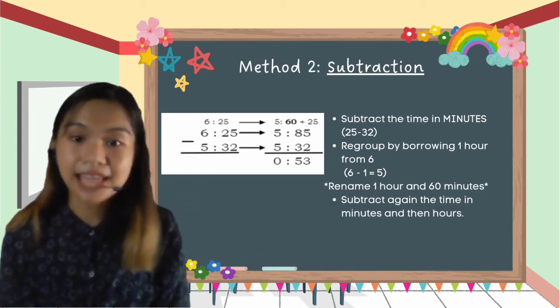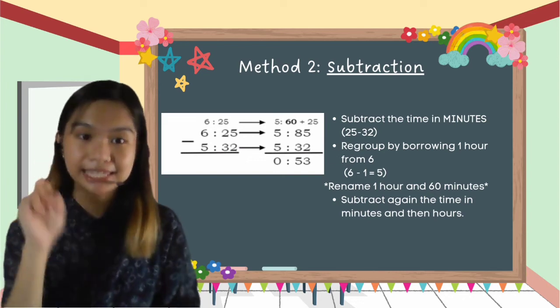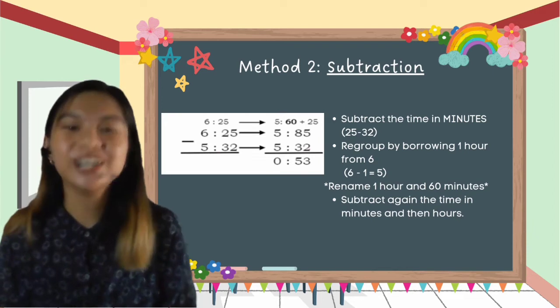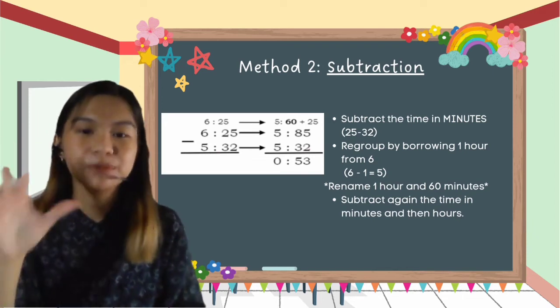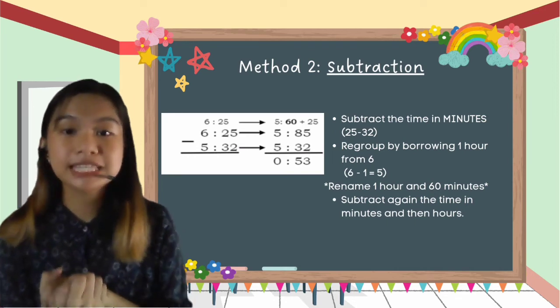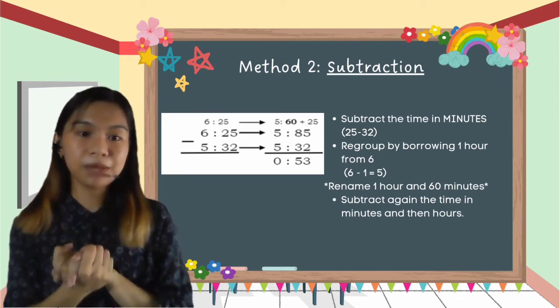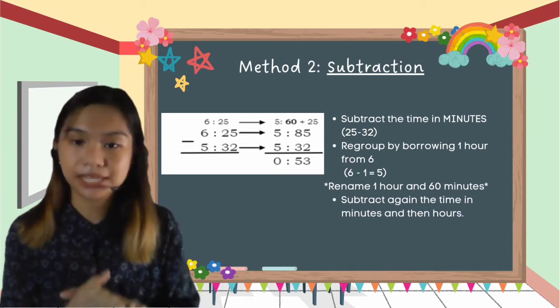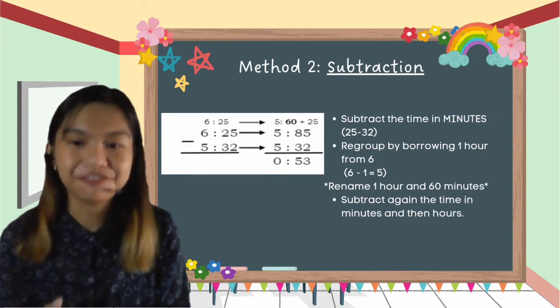So ang 6 natin ay mababawasan ng 1. So what is 6 minus 1? Very good. It is equals to 5. So we have to remain 1 hour for 60 minutes. Okay? So 60 plus 25 minutes is equal to 85 minutes.